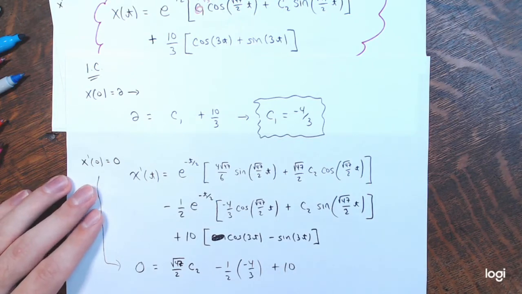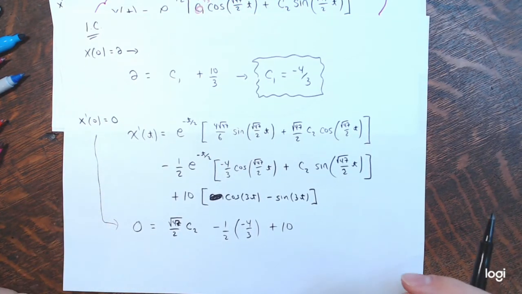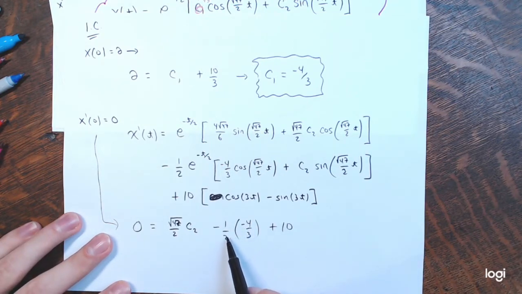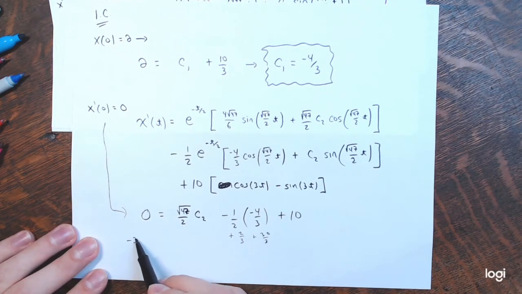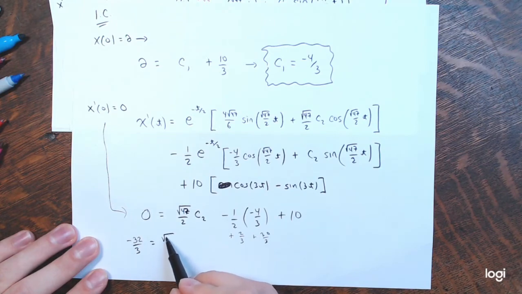And we can solve this for C2. Well, this would be what? Positive 2/3 plus 30/3. So that's 32/3. Subtract that, so negative 32/3 equals square root of 47 over 2 times C2.